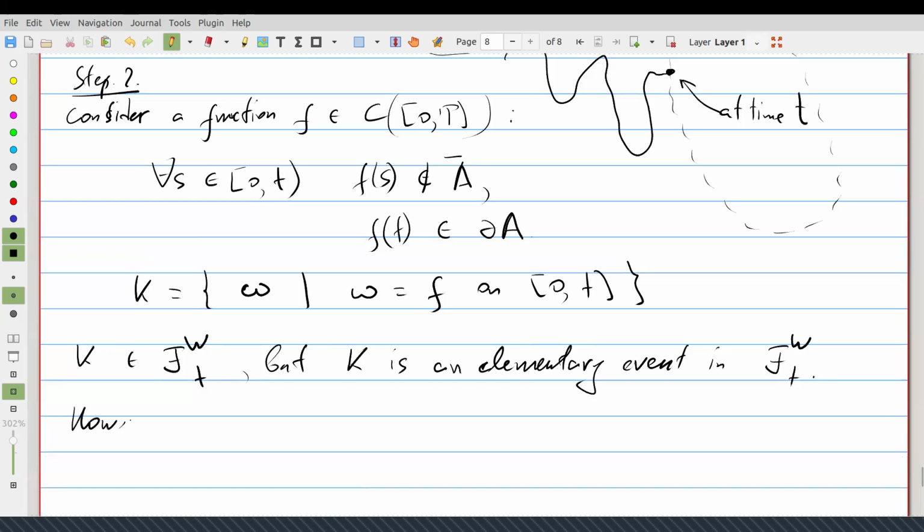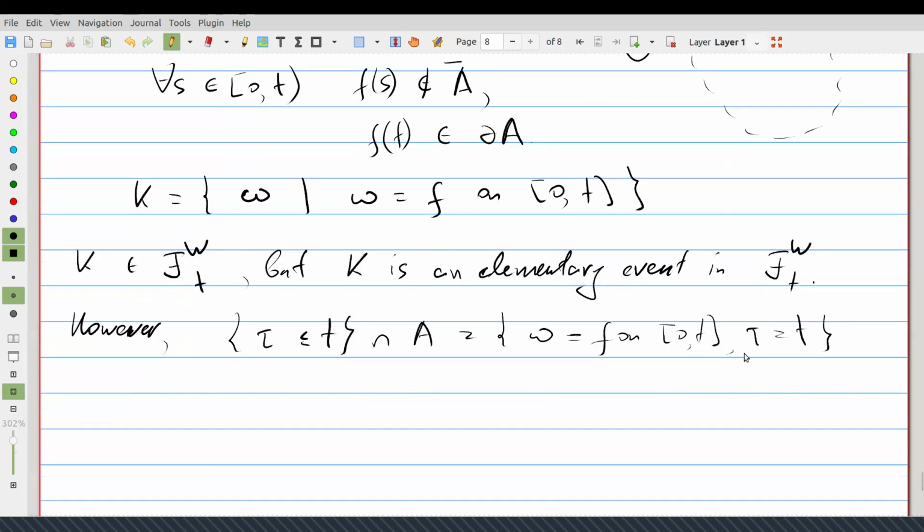However, this is strictly smaller than the event that tau is at most t, which is our key.